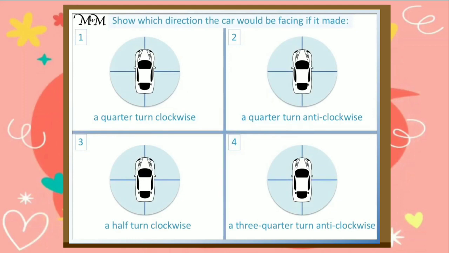Here are some questions for you to try. Show which direction the car would be facing if it made the following turns. An accompanying activity sheet is available to download and print for these questions. Pause the video now and have a go. Question 1.